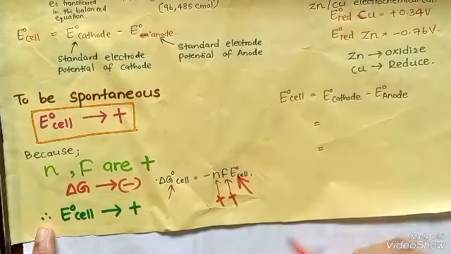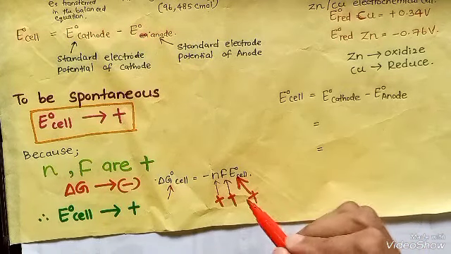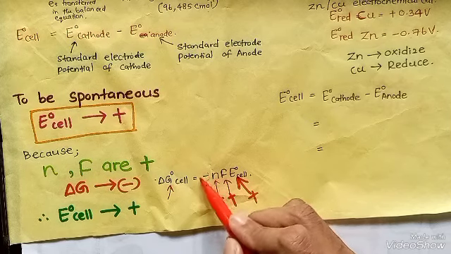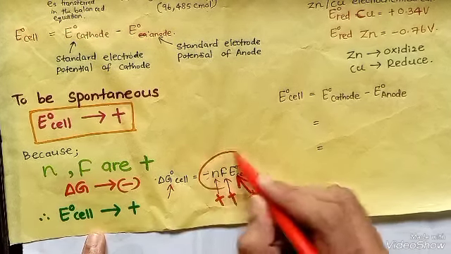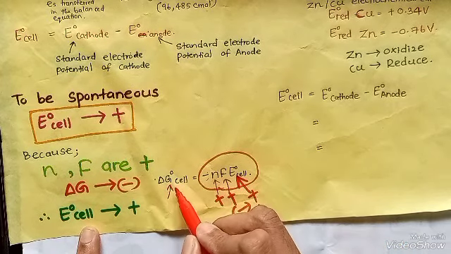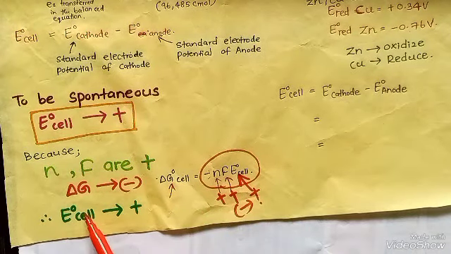So E naught cell is also going to have a positive value. Now it's multiplied by a negative sign, so this whole side is negative. Therefore, delta G naught cell is a negative value, and therefore E naught cell should be a positive value.